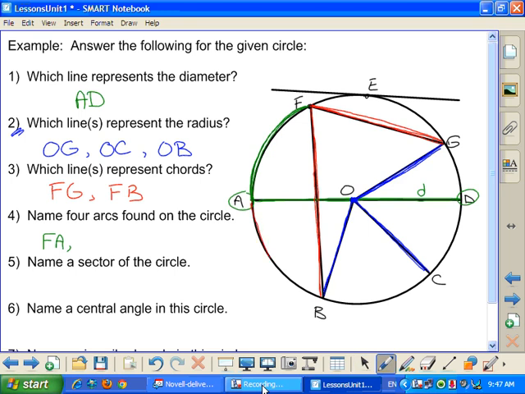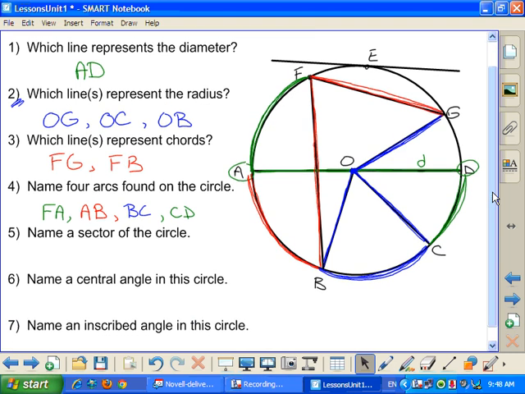If I go from A to B, that's the edge of a circle. So that's an arc. If I go to a blue pen, B to C, that's a part of the circle. That's another arc length. And then finally, back to green, I can go C to D. And that's also an arc length. So the question only asks for 4. We could keep going, and you could do D to G, G to E, and so on and so forth.